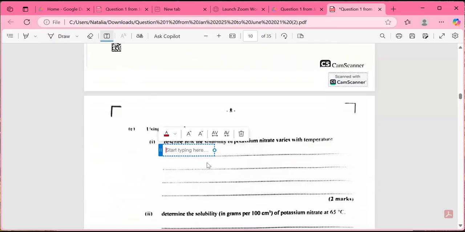It increases also. So as temperature increases.